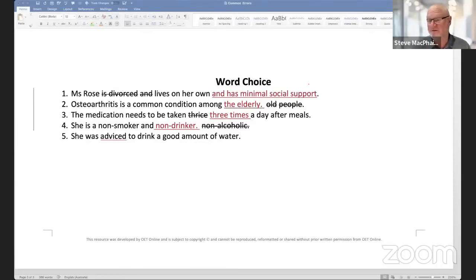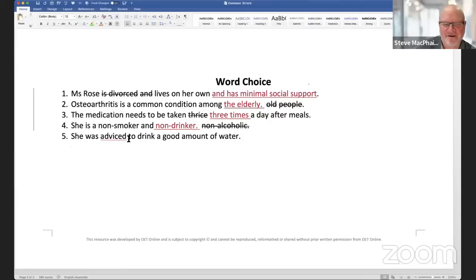Binge drinker has a different meaning. Simply non-drinker in this case. But I would avoid alcoholic, definitely judgmental. And unless the case notes specifically say it, you really shouldn't mention it. You can say heavy drinker, or you can even point out the actual consumption, or a social drinker, occasional drinker.